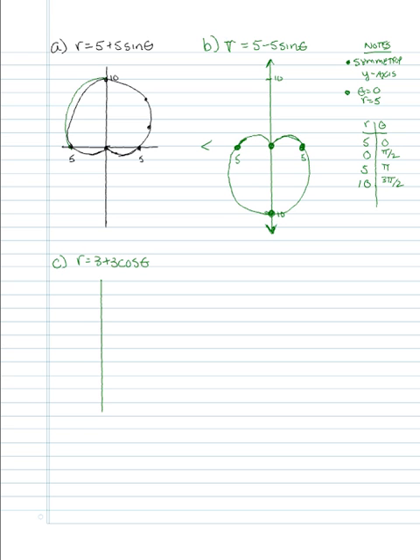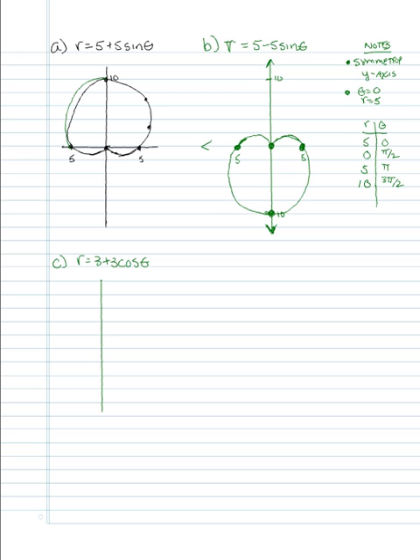Now, before I go much further, let's go back up to the two examples above. We can start predicting where most of this graph lies. You know, above we see that most of the graph was above the x-axis, and on B most of the graph was below the x-axis.